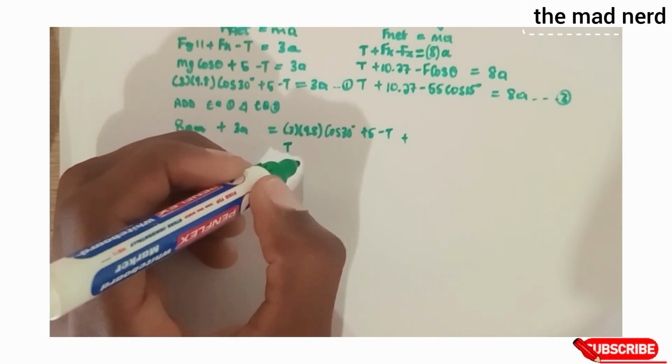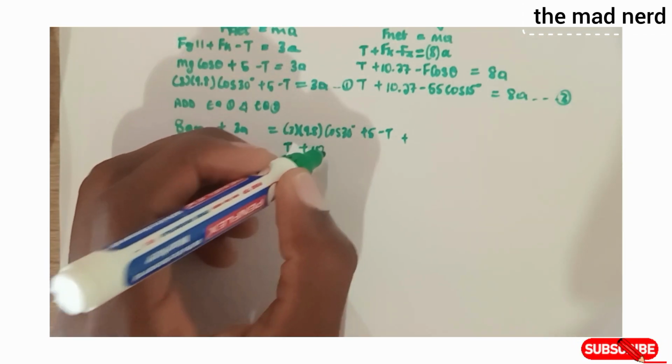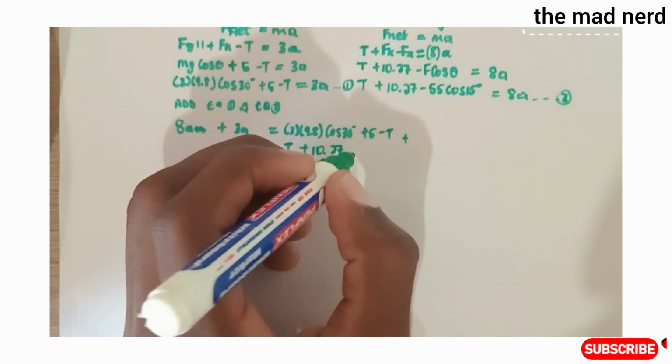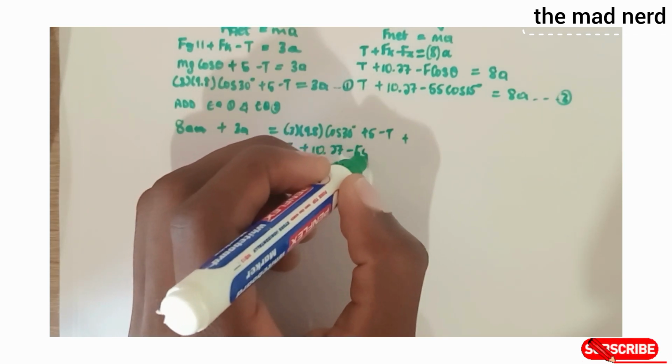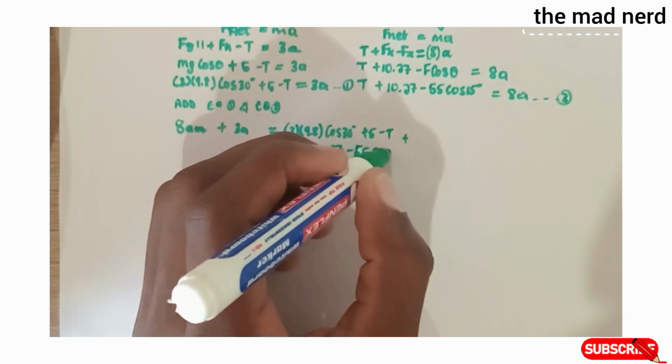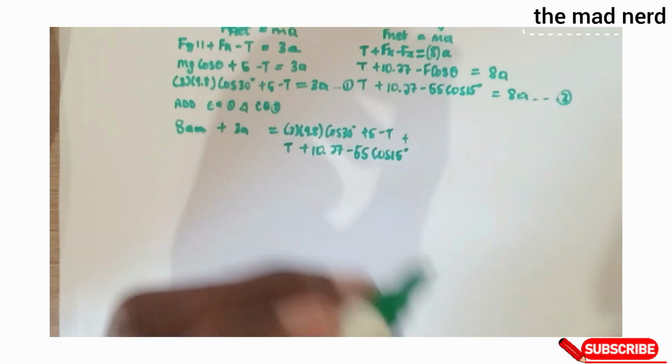We say plus T plus 10.27 and minus 55 times cos 15 degrees.